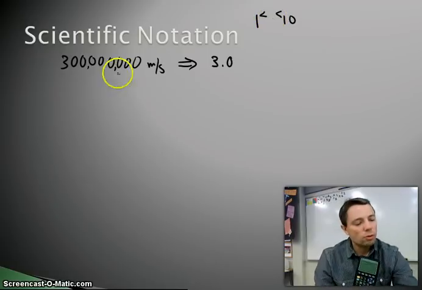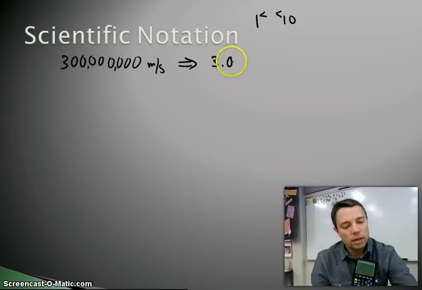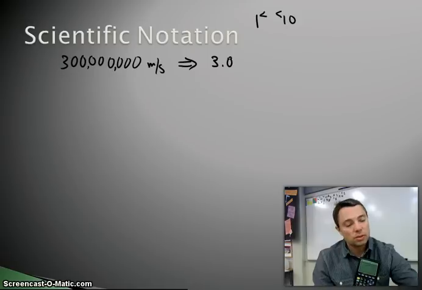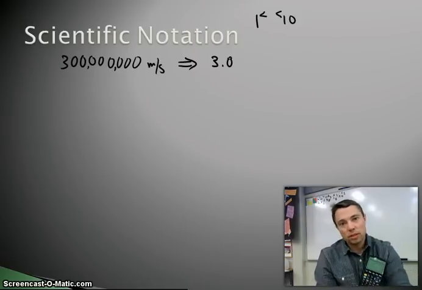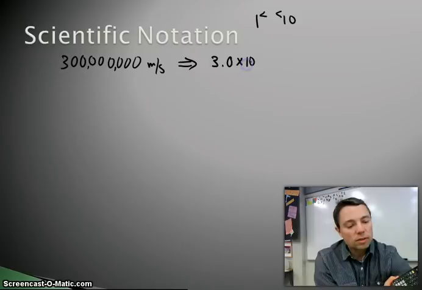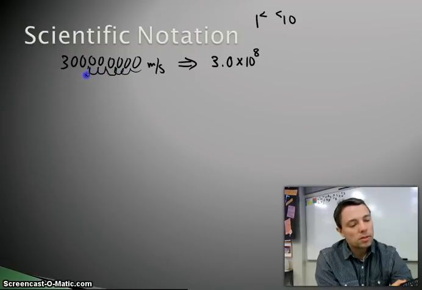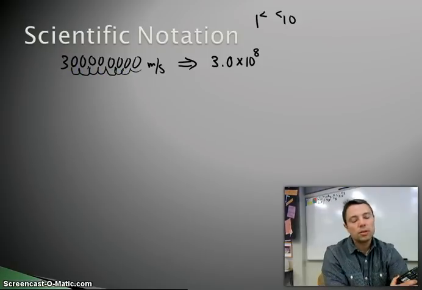I'm basically moving my decimal over until I get to a point after the first digit, and then I carry however many zeros I would need to. In this case, I probably only need 2 sig figs. And then I put a factor of 10, so it's times 10 to the 8th. How many places did I move? 1, 2, 3, 4, 5, 6, 7, 8. And that's all I had to do.